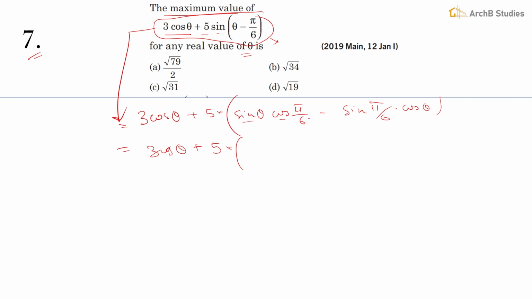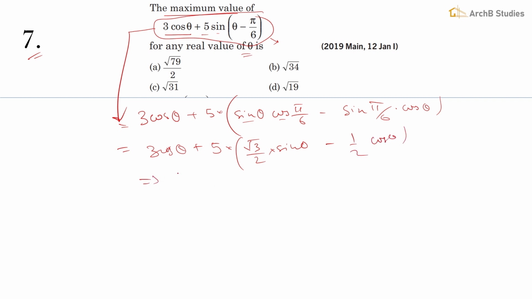Cos pi by 6, that is cos 30. Cos 30 is root 3 by 2 into sin theta minus sin 30, which is 1 by 2, into cos theta.